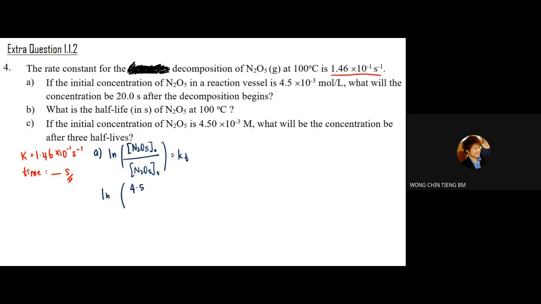Initial is 4.5 times 10 to the power of negative 3. I am looking for N2O5 at time t, equals k, 1.46 times 10 to the power of negative 1, times 20. Right?